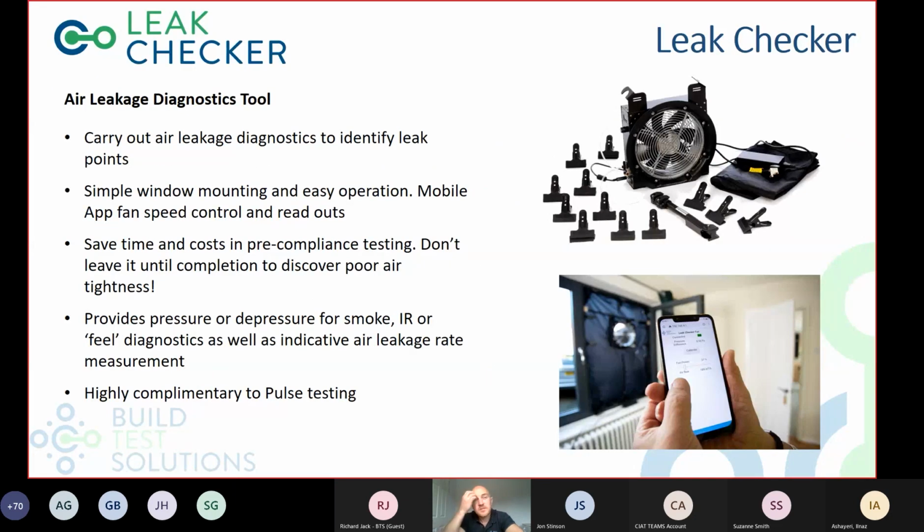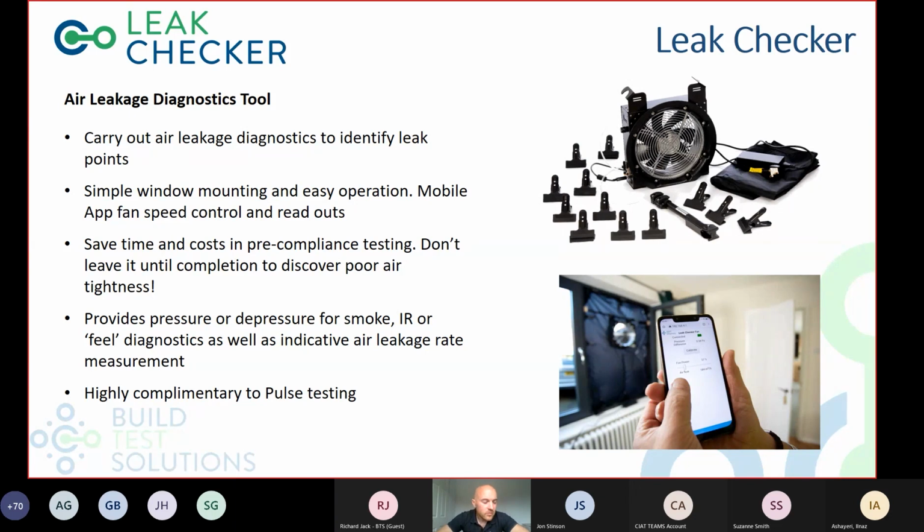One thing we often say in response to the inability to do diagnostics is that there's a cultural thing there, where whilst the fan is great for diagnostics, it's not ideal that we're turning up to do it as a compliance test right at the end of the build.